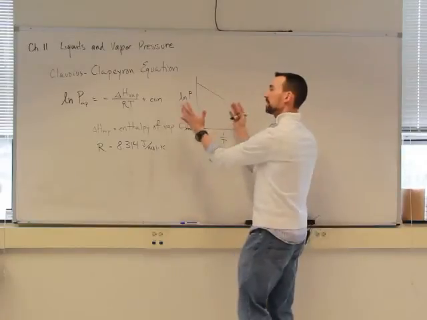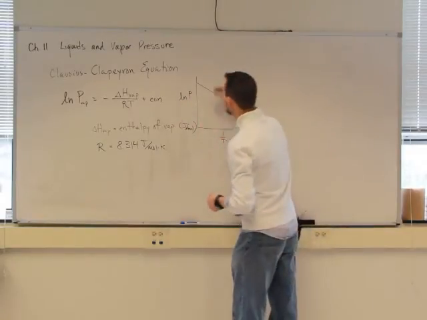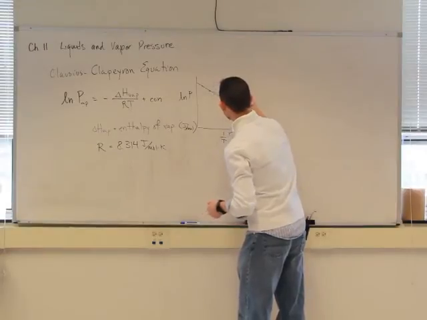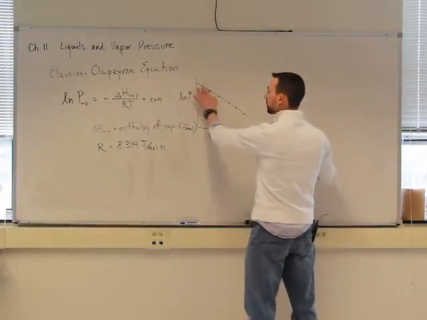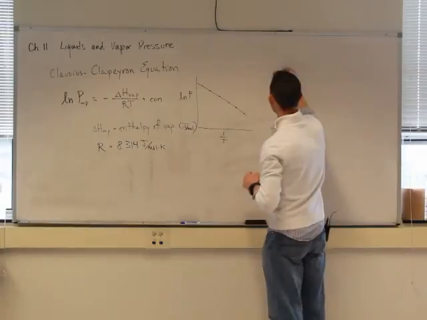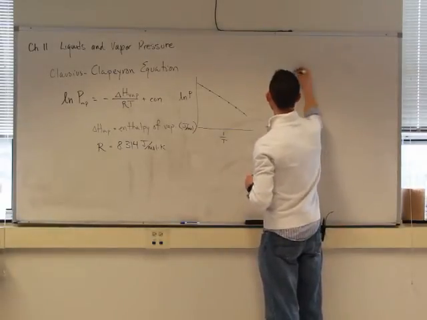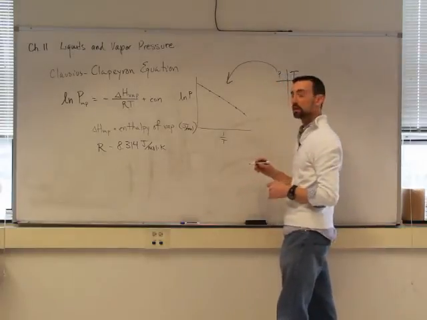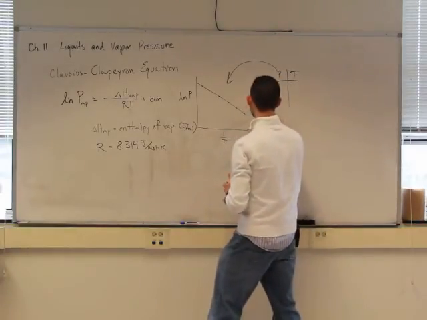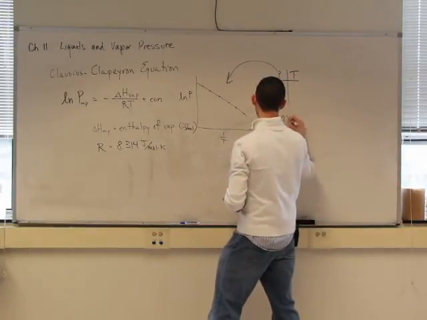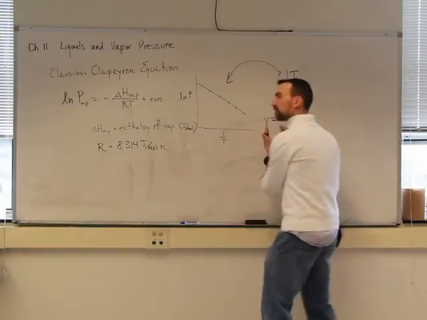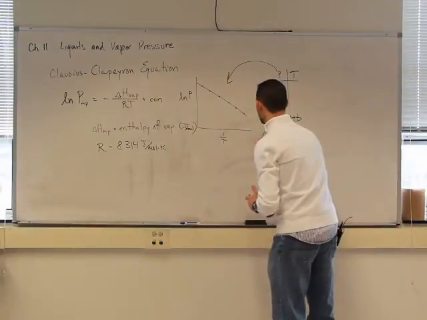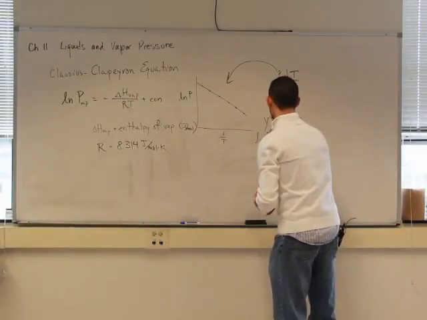The reason we've manipulated it into this fashion is that if we were to do an experiment in the lab and collect several vapor pressures at different temperatures, several P-T combinations, and then plot them in this form, this straight line, y equals mx plus b, is the form that all straight lines have. And we can relate these two to one another.